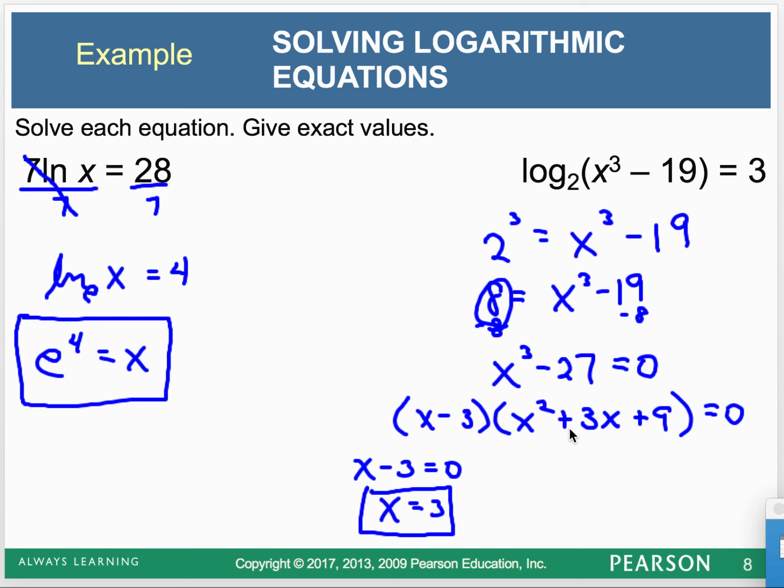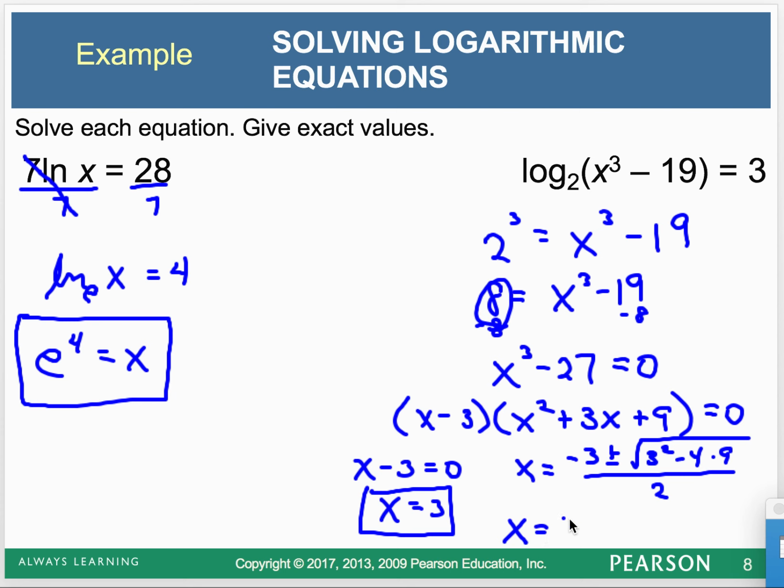This we got to solve by the quadratic formula or completing the square. Since it'd make a fraction, let's do quadratic formula. So negative b plus or minus the square root of b squared minus 4ac all over 2a.